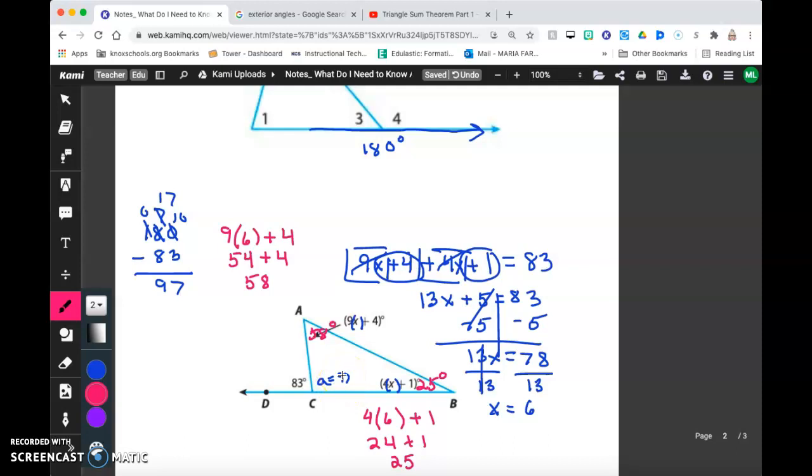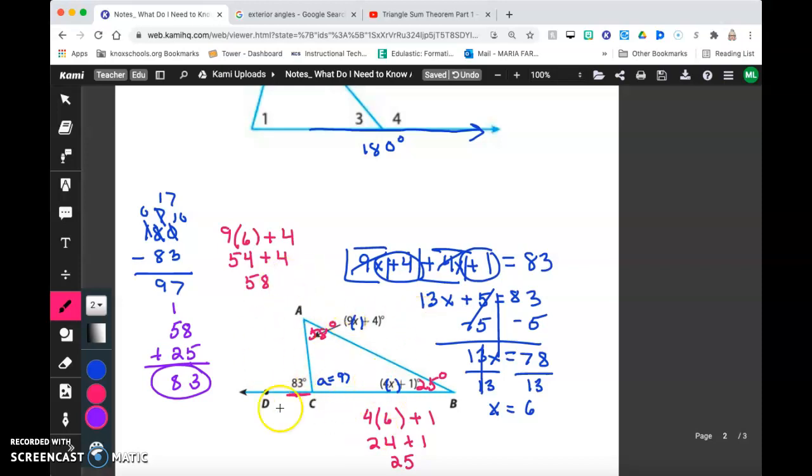So two ways: we could either add up these three numbers to make sure they equal 180, or we can just add up those two numbers to make sure they equal 83, because that's what they're supposed to be equal to anyway. So I'm going to take 58 plus 25, which equals 83. So these two angles added together equals that exterior angle, which is exactly what our exterior angle theorem says is supposed to happen.